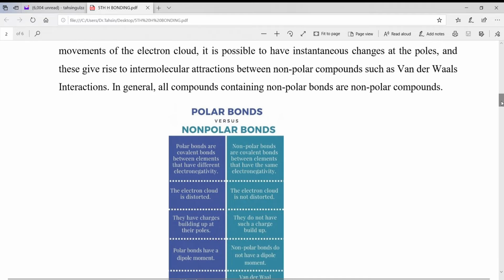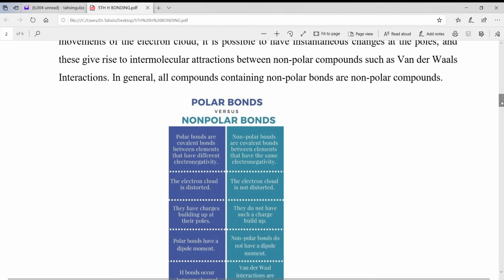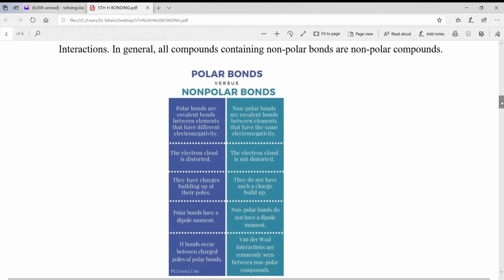So when they have two poles, one positive, one negative, it means they should have dipole moment. But non-polar compounds don't show any dipole moment, because no electronegativity difference, no distortion of electronic cloud, no charge buildup.